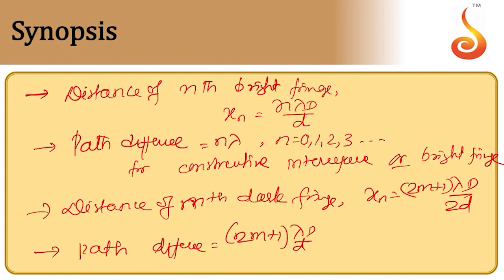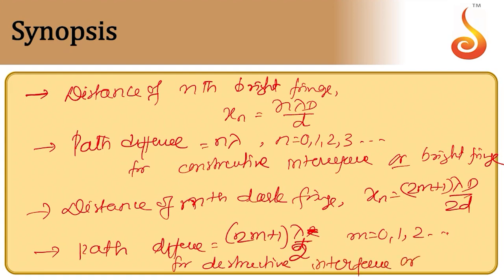That is the path difference, where m is equal to 0, 1, 2, 3, 4, etc. And remember, this is for destructive interference to take place, or dark fringe.